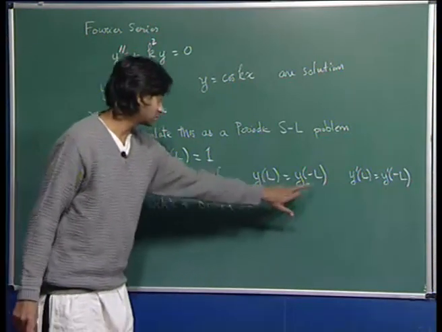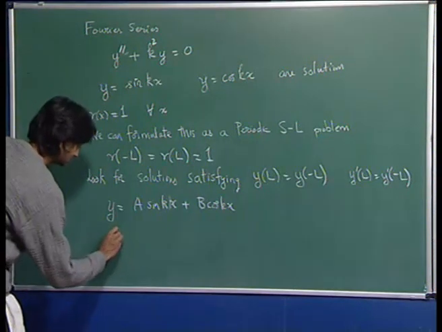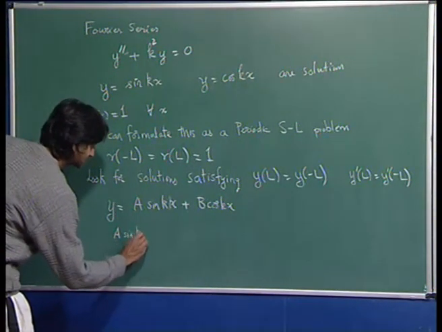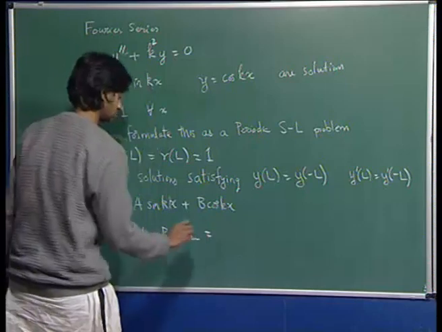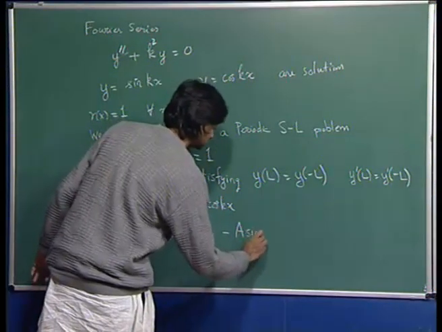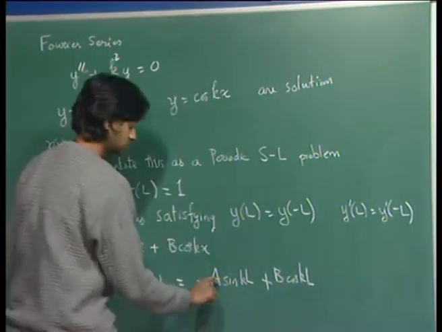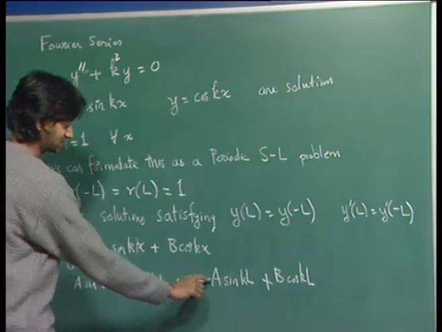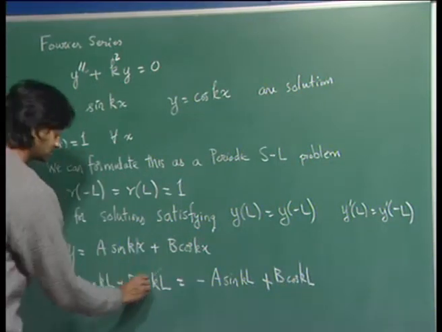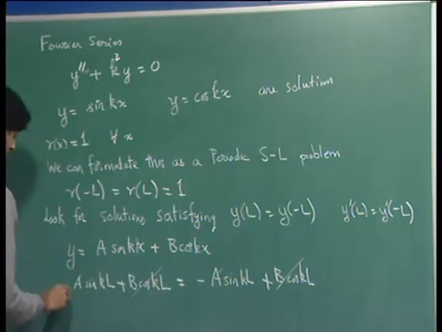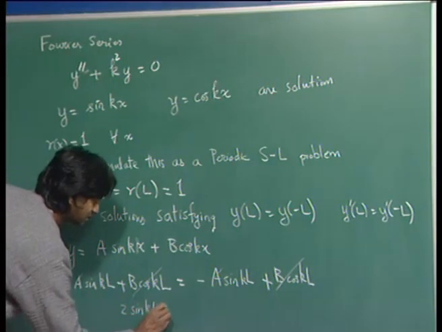If you want y of L equal to y of minus L, then you will get A sin kL plus B cos kL is equal to minus A sin kL plus B cos kL. Since sin of minus kL is minus sin kL, and cos of minus kL is just cos kL, you immediately see that 2A sin kL equals 0.